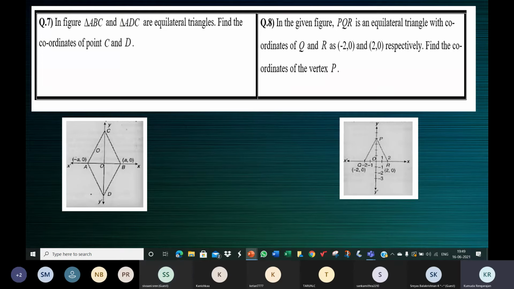How did you get A root 3? Meaning it's not marked anywhere, no? Yes, ma'am. Length of side, ma'am. No, A root 3 is not given anywhere. Ma'am, we can use Pythagoras theorem. Length of side BC, no, ma'am.